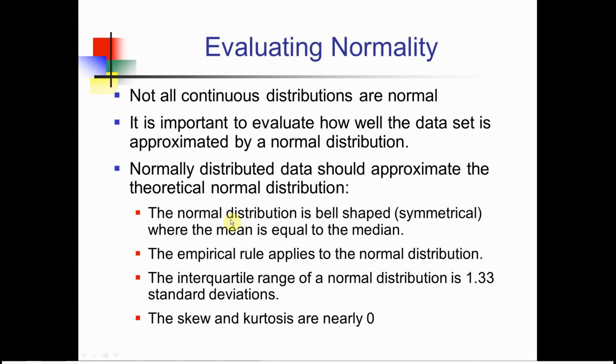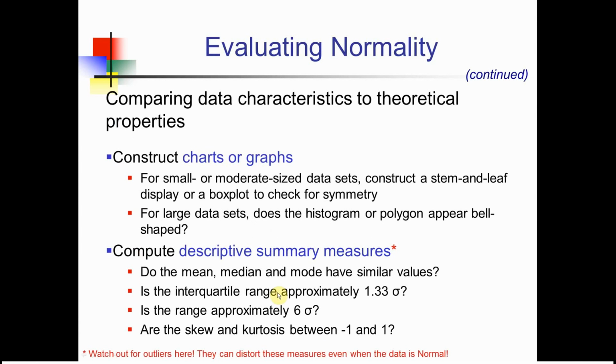So we'd like to look at a histogram of our data. If we want to say it's normally distributed, we ask: does it look bell-shaped? Is the mean close to the median? Is 68% of the data within one standard deviation of the mean? You look at the interquartile range, is it 1.33 standard deviations, and are the skewness and kurtosis nearly zero? Those are the things we can look at if we're trying to determine normality, at least as those first clues.